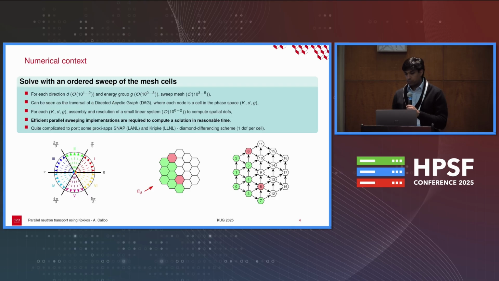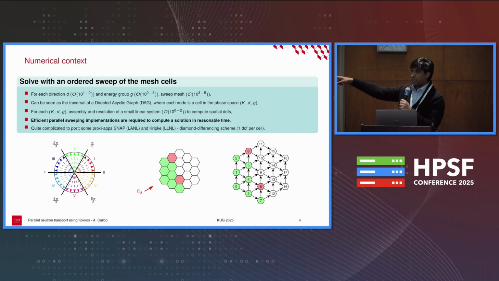If we look into space, for a given direction omega d, you would start by solving the problem for cell 0, on the far right here. Once you've inverted the transport operator in 0, you have an outgoing flux for cells 1 and 3, and for cell 4, which means that you can compute cells 1 and 3.